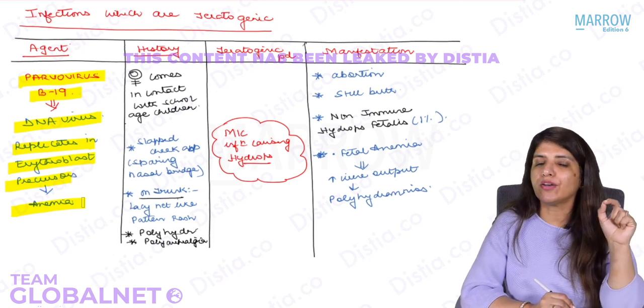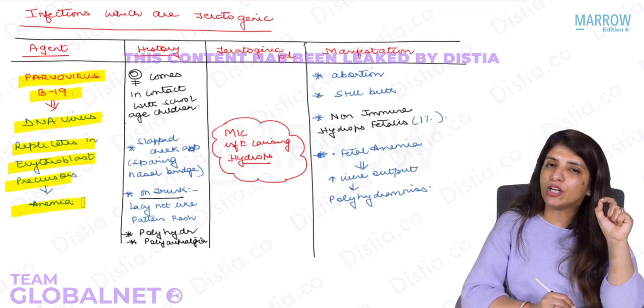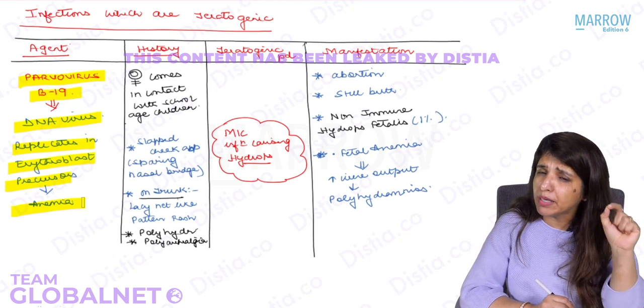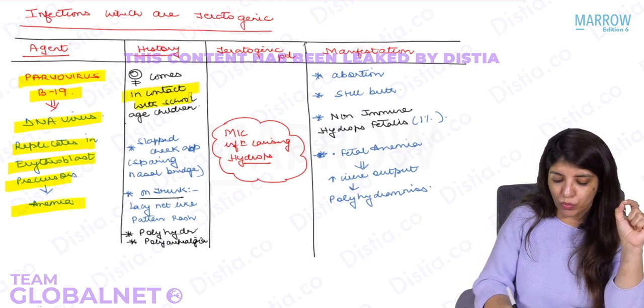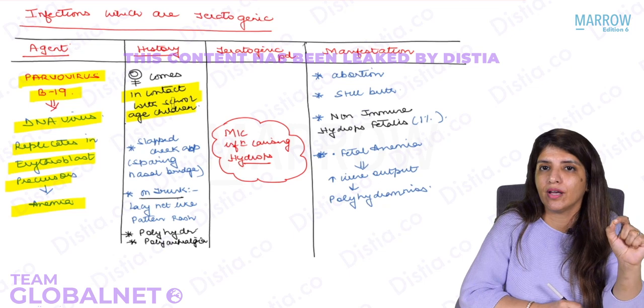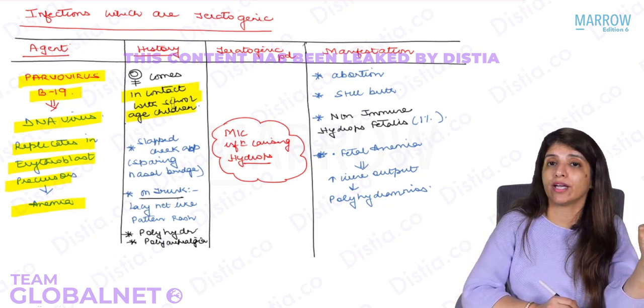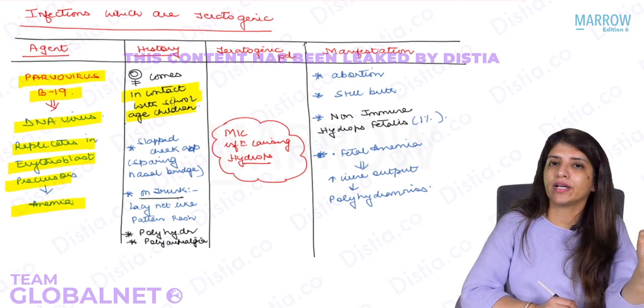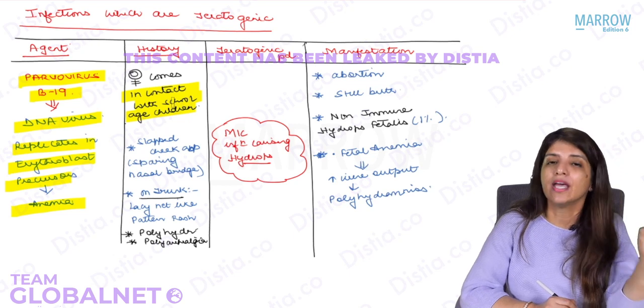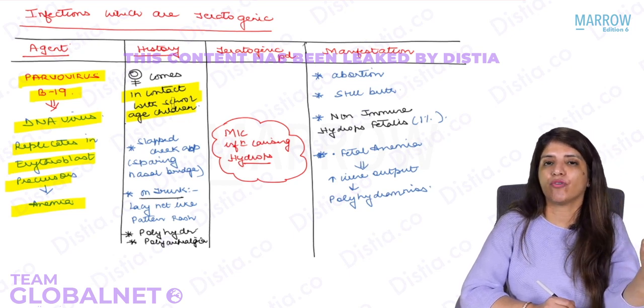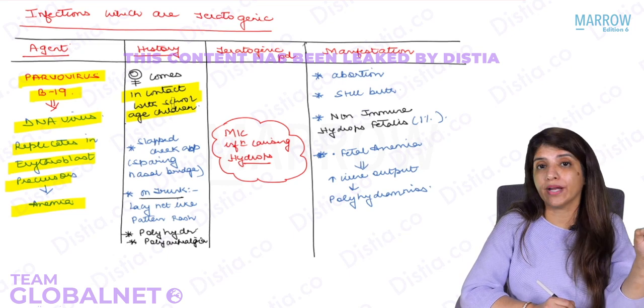Now, the pregnant female is going to give you a typical history of coming in contact with school-going children. So in cytomegalovirus, it was toddler's history which you were getting. In toxoplasma, you were getting history of coming in contact with cat feces or undercooked meat.